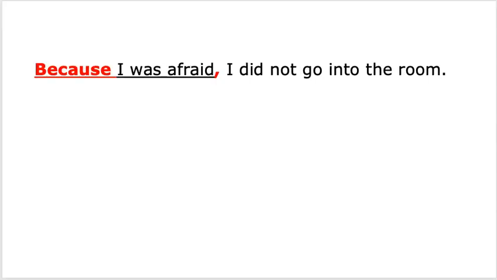Because I was afraid, I did not go into the room. Because I was afraid is the dependent clause. The word because is our dependent word. Since it begins the sentence, we do need a comma.